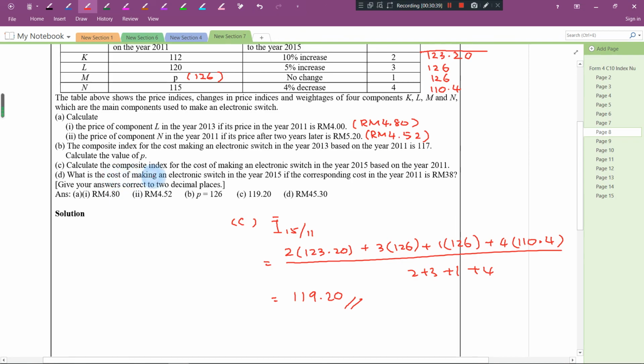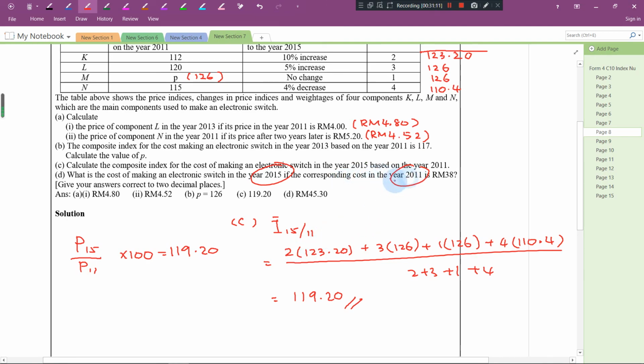Let's go to the last part. What is the cost of making an electronic switch in the year 2015 if the corresponding cost in the year 2011 is 38? So this is 2015 and 2011, which we can use this one. Now I'm going to use a second formula, so you remember this. P15 over P11 times 100 is equal to 119.20.